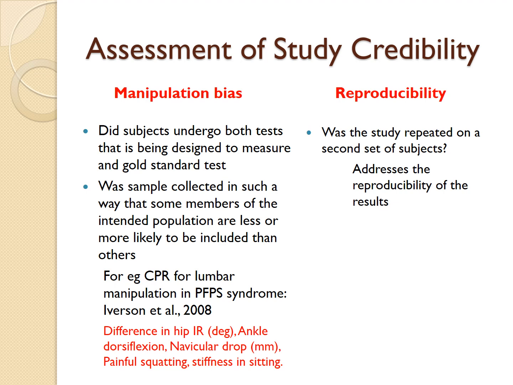Was the sample collected in such a way that some members of the intended population are less or more likely to be included than others? So what this means, I'll give you an example of a research that was done. It was the clinical prediction rule for lumbar manipulation in patellofemoral pain syndrome, done by Iverson et al. in 2008.